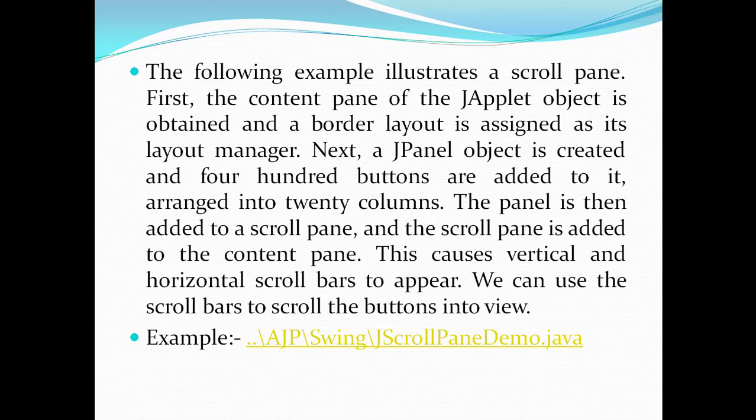The panel is then added to a scroll pane and the scroll pane is added to the content pane. Like this is the sequence of this program. This causes vertical and horizontal scroll bars to appear. We can use the scroll bars to scroll the buttons into view.